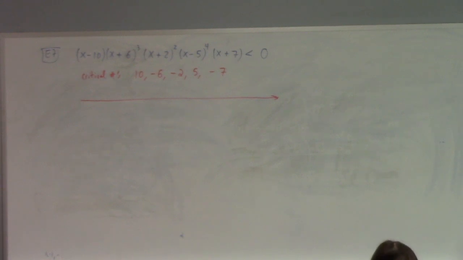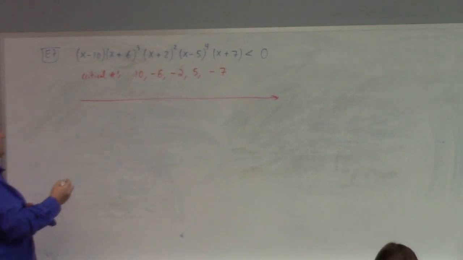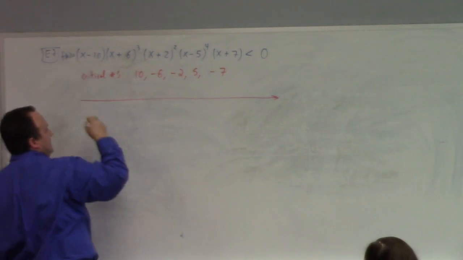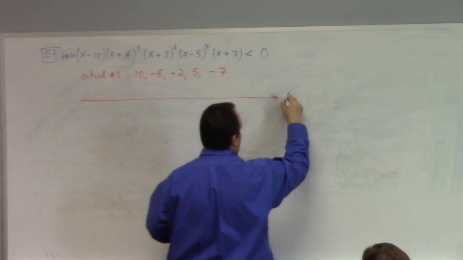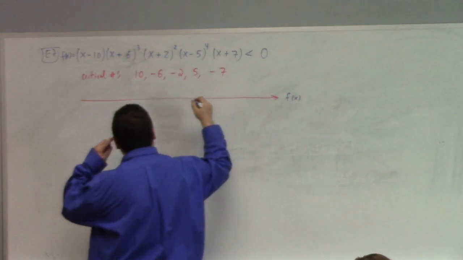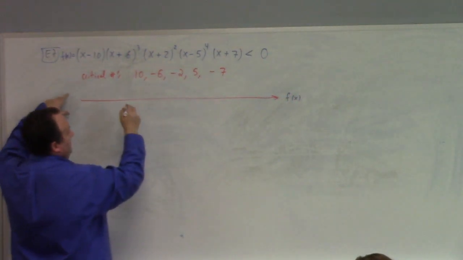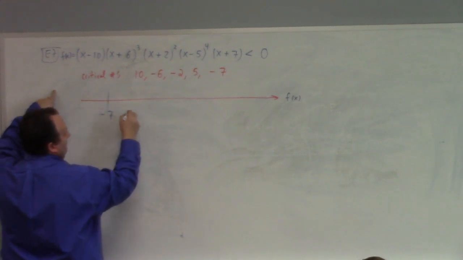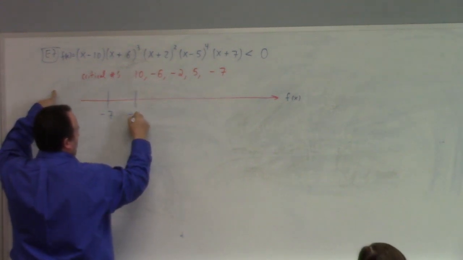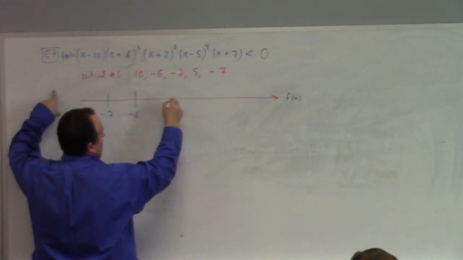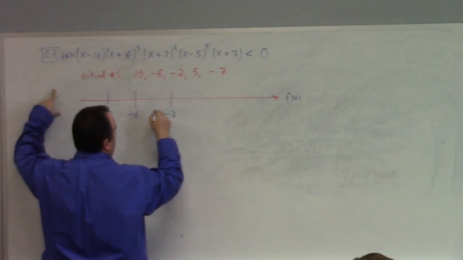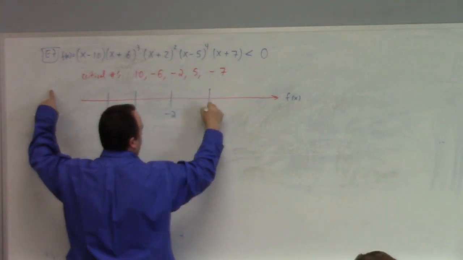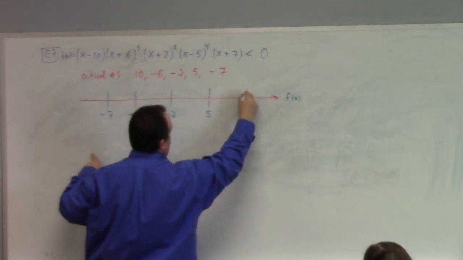Which one comes first, reading left to right? I'm going to call this thing f of x because I don't want to write it again. So this is the number line for f of x. So what was that? Negative 7, okay. And then what comes next? Negative 6, all right. Then what's next? Negative 2, okay. And then what? 5 and 10, okay.